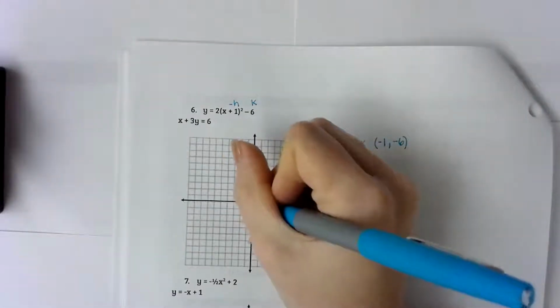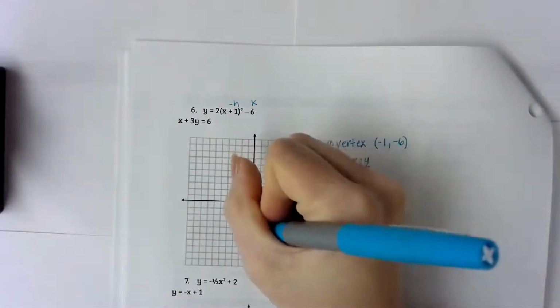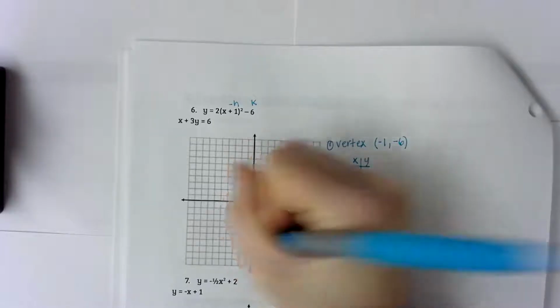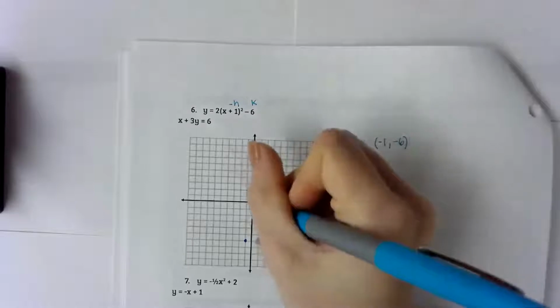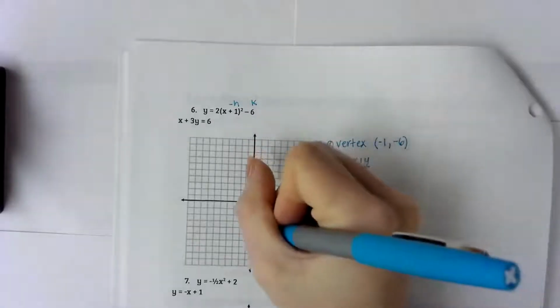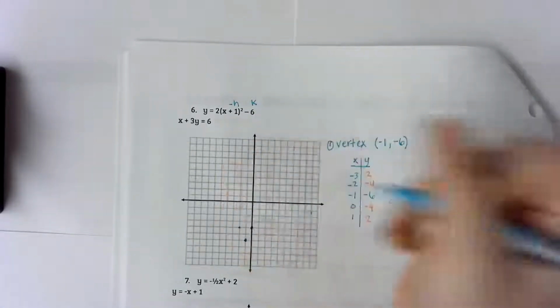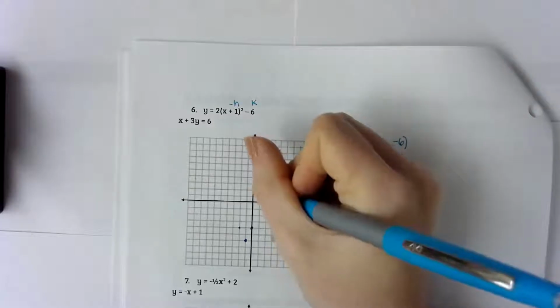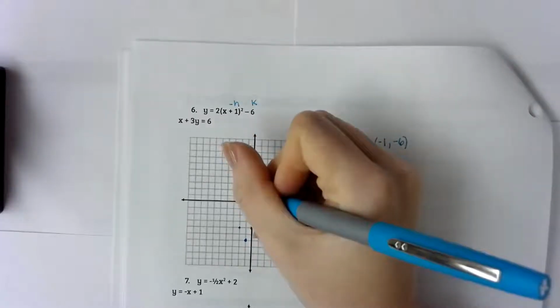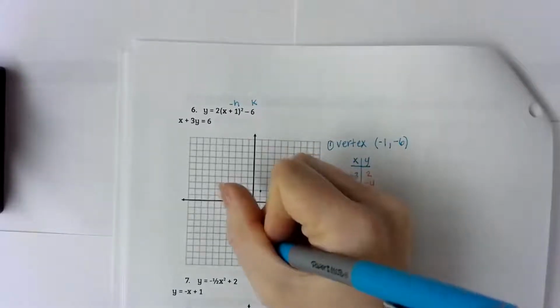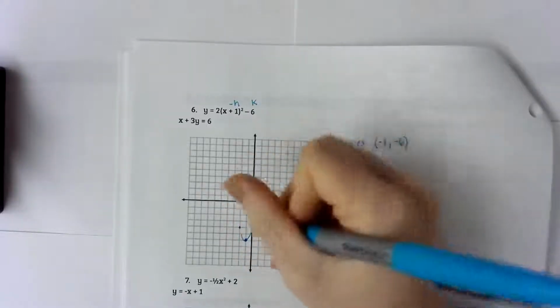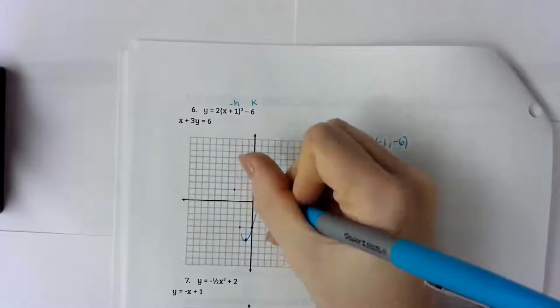So negative 1, negative 6, 0, negative 4, and 1, 2. Okay, so try to make it look as much as a U as possible.